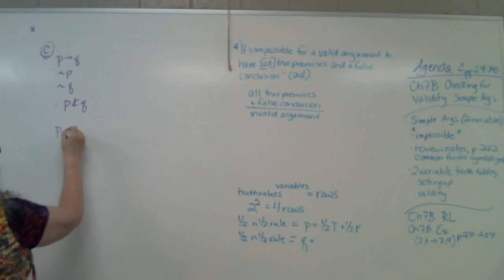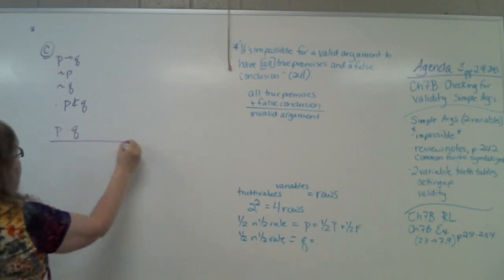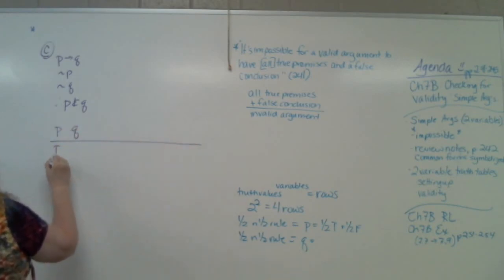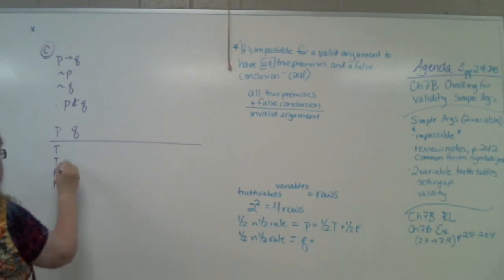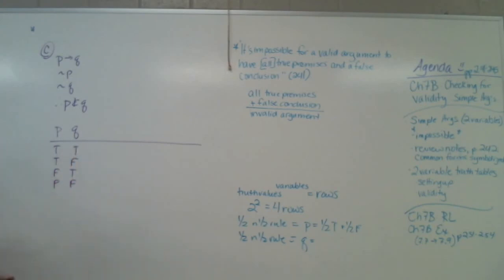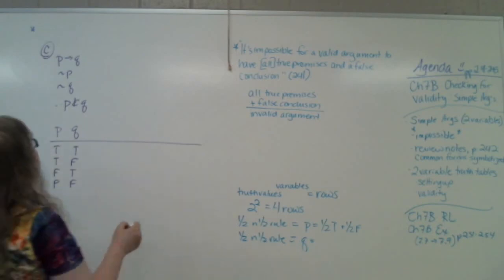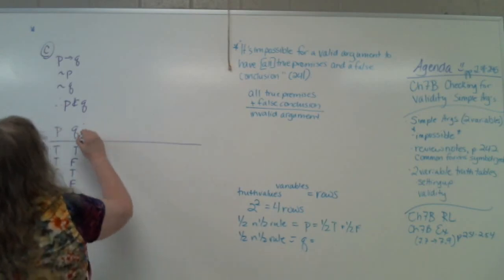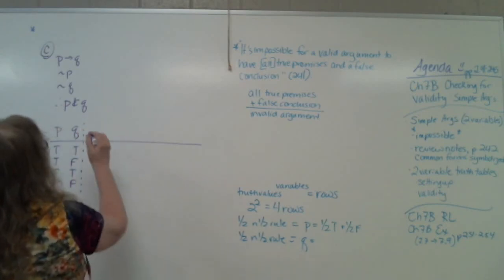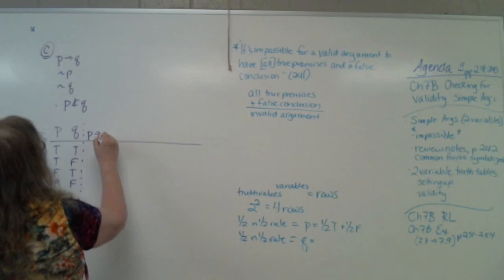I just need a P and a Q. And I know how that works, right? True, true, false, false, true, false, true, false. Every time we have two variables, it's going to look like this. In 7C, we're going to add a third variable, and it still looks like this, but it's not exactly it. So I don't need anything else for my guide, so I can just put in my premises and my conclusion.